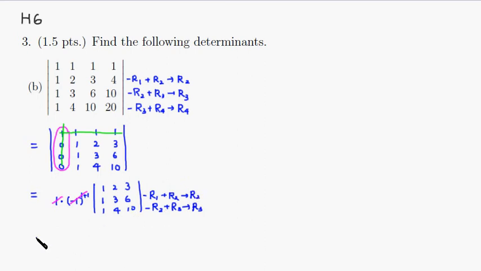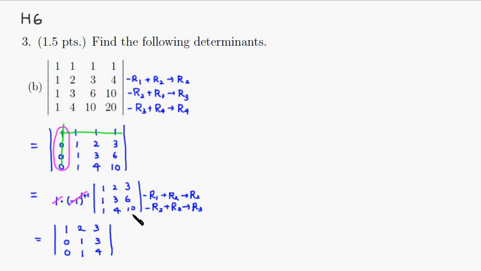So this is going to be equal to: the first row is unchanged, so I'll just copy that, 1, 2, 3. Second row: 1 minus 1 is 0, 3 minus 2 is 1, and 6 minus 3 is 3. Third row: 1 minus 1 is 0, 4 minus 3 is 1, 10 minus 6 is 4.